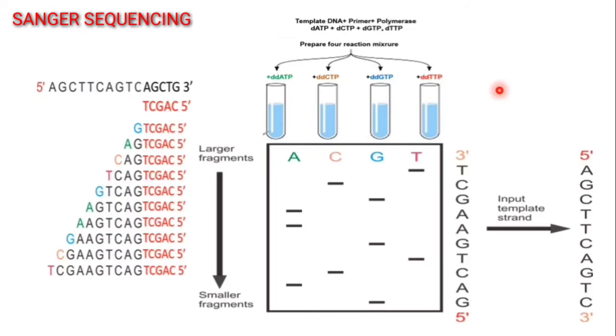The polymerase will add nucleotides onto the primer. Here, for example, this is the template DNA and this is the primer. Here you see ATP, then CTP, GTP and TTP, and this reaction occurs separately in each tube.